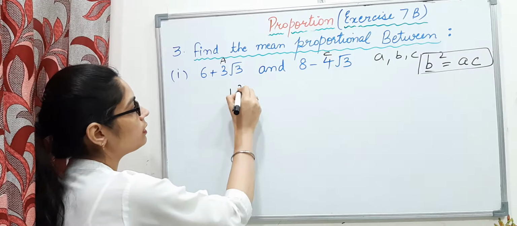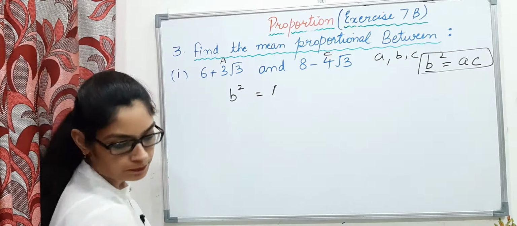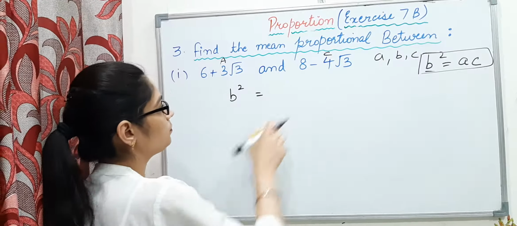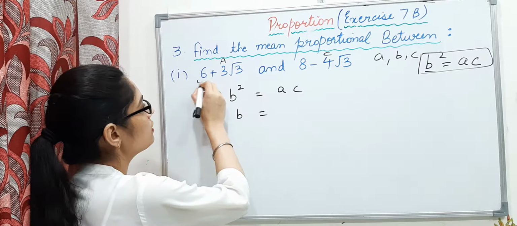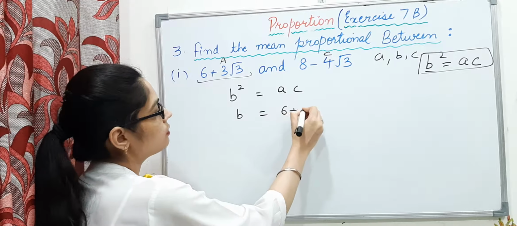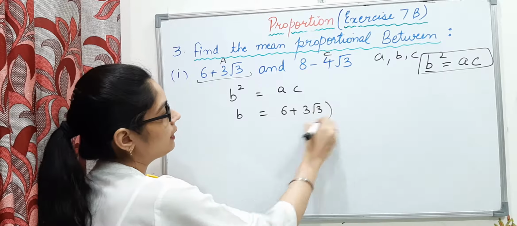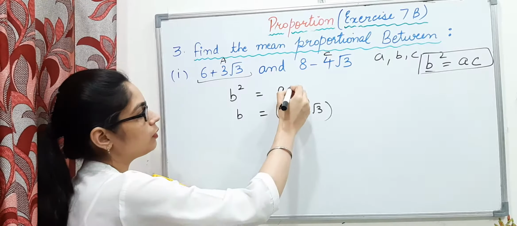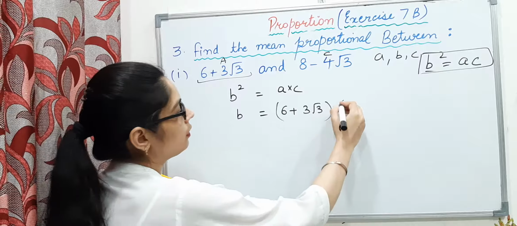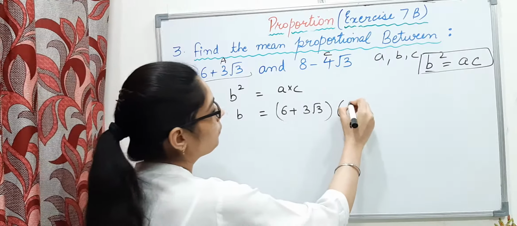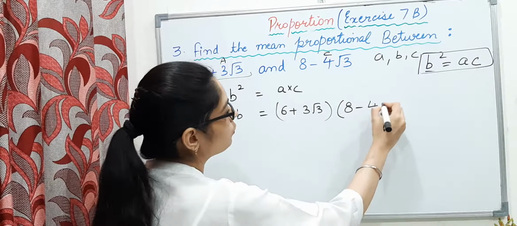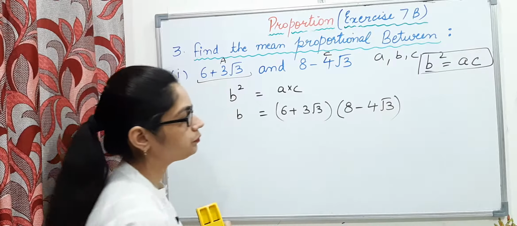So b square is equal to ac. Let's write the values. a is 6 plus 3 root 3. ac means a is getting multiplied with c. a is 6 plus 3 root 3 and c is 8 minus 4 root 3.